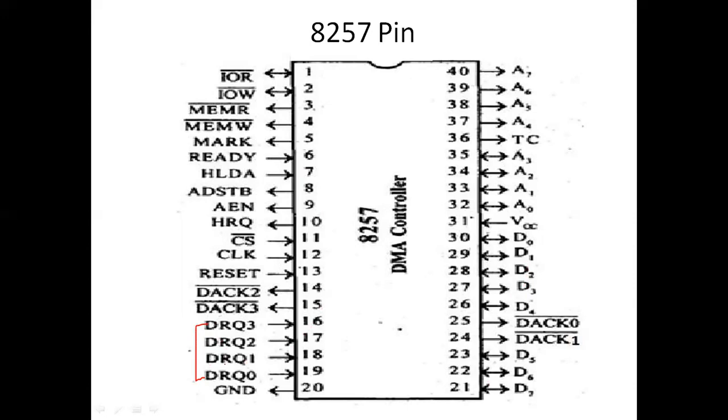As I have said, these are 4 independent request inputs. RQ means request. These 4 independent request inputs are used by the peripheral devices for using the services of the DMA. When the fixed priority mode is selected, DRQ0 has the highest priority and DRQ3 has the lowest priority among them.